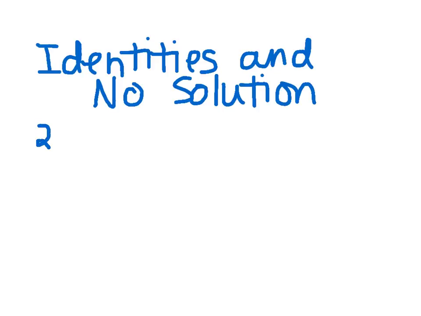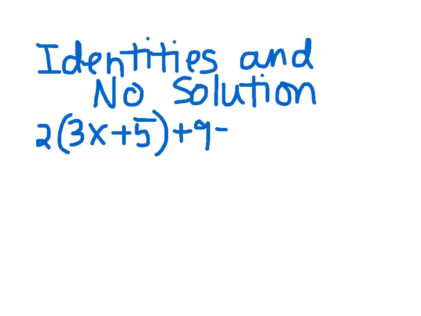If I say 2 times (3x plus 5), that quantity, plus 9, equals 6 times (x plus 3), that quantity, plus 1. I prefer x, as one student pointed out today. Y's can look like 4's.